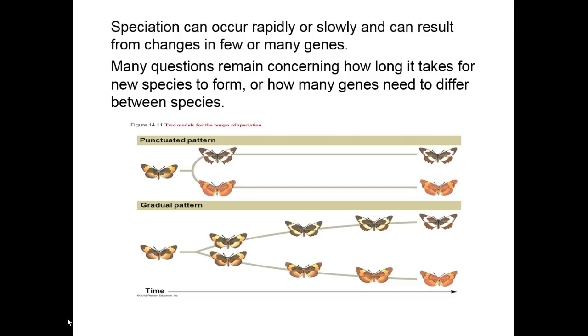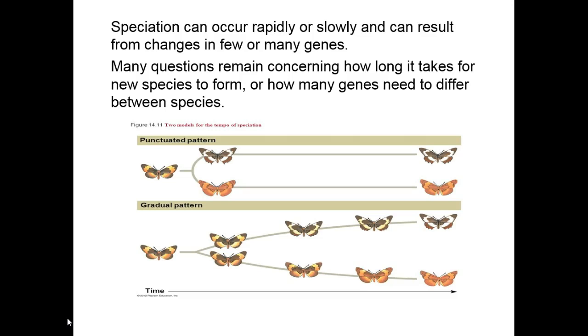Speciation can occur at basically two rates. It can happen very slowly or rapidly. The one that Darwin thought was happening was slow speciation, changes over many eons, so millions of years. So it can be a gradual pattern, that would be the slow, or it can be a punctuated pattern.